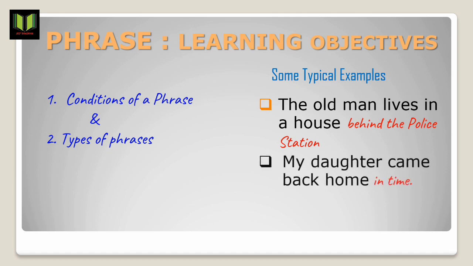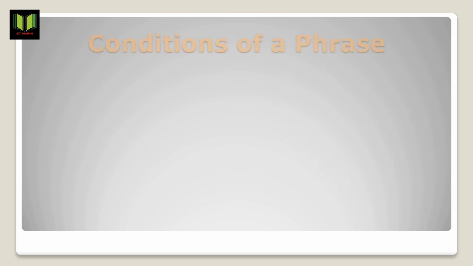Let's take another sentence: My daughter came back home in time. In both these sentences there are highlighted parts in red ink, behind the police station and in time, and therefore they are phrases. But why are we considering them as phrases and not the other parts of the sentence? To know that, we have to discuss the conditions of phrases.